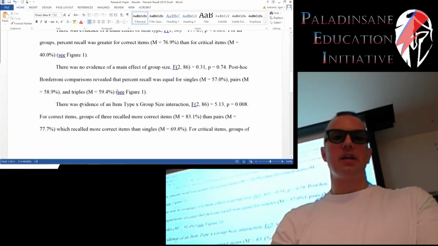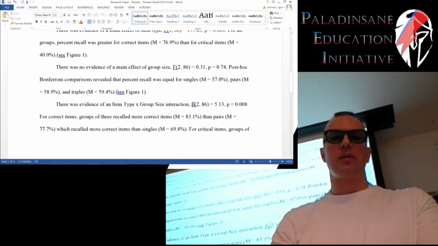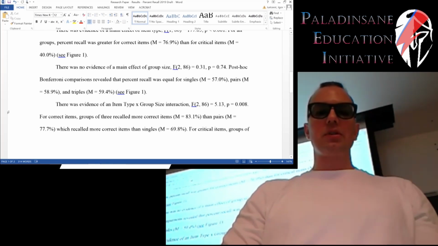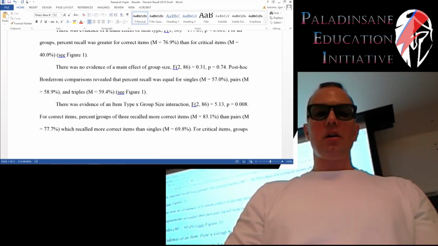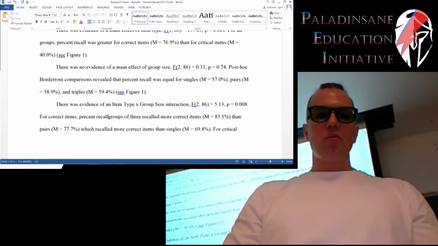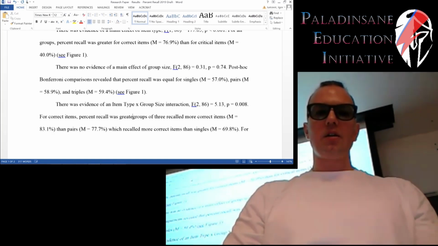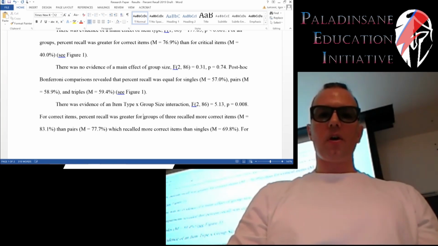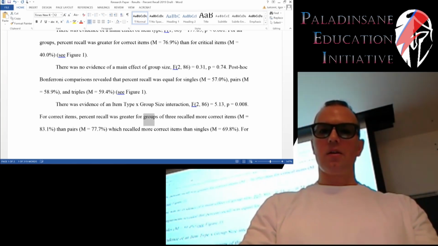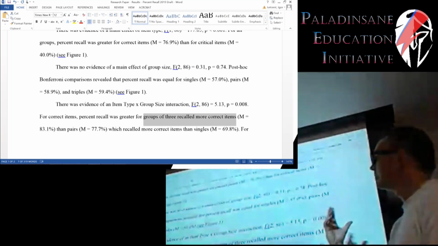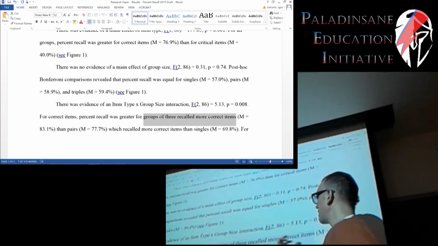All right, and now we've got one last one. There was evidence of an item type by group size interaction. For correct items, let's do it one more time. Percent recall was greater for... All right, so we have here groups of 3 recalled more correct items.